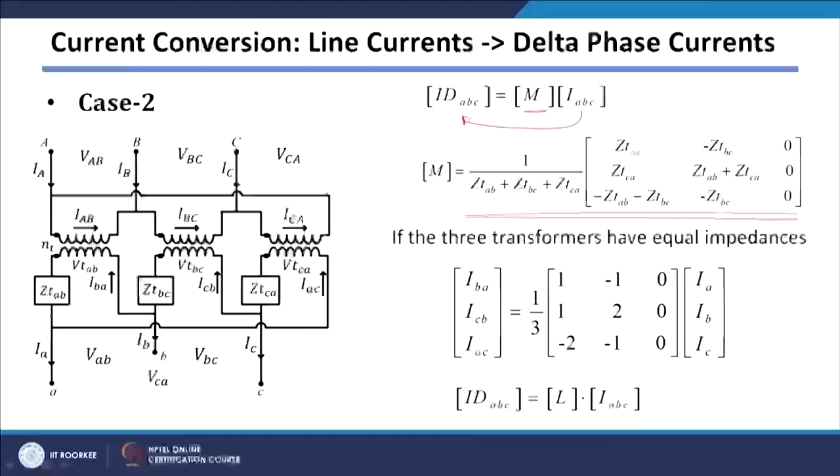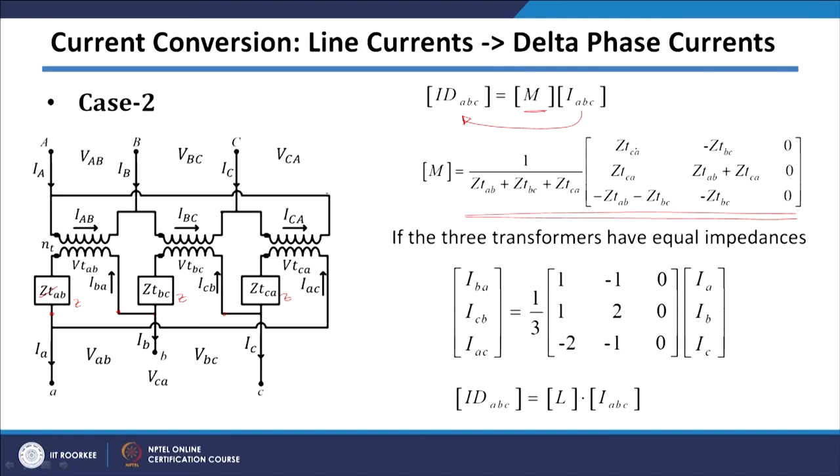In this case, as I told you, when impedances are unequal, we are getting unequal drops across the terminals. However, when these impedances are equal, say this is just Z, this is just Z, this is just Z, in that case the voltage drop across each winding will become equal.